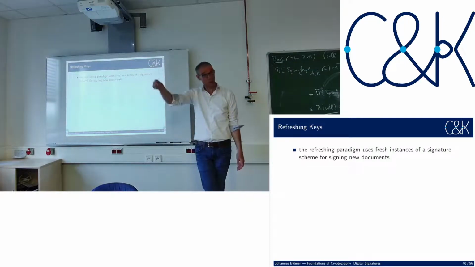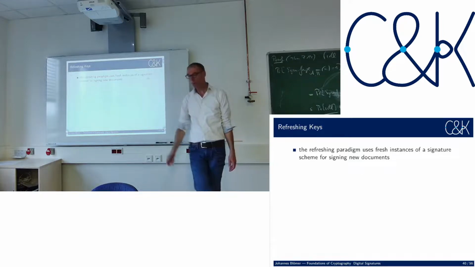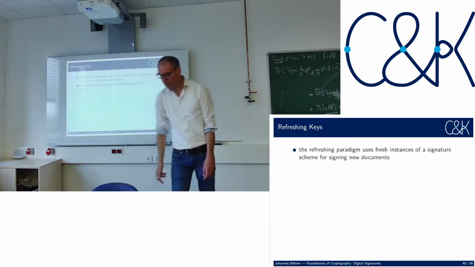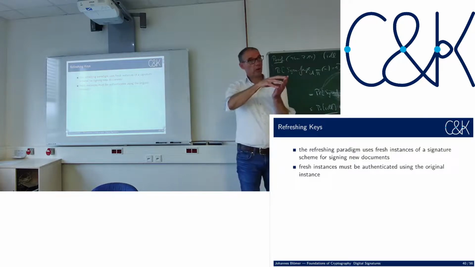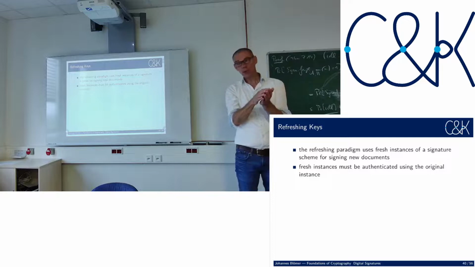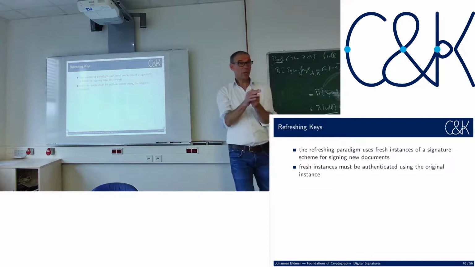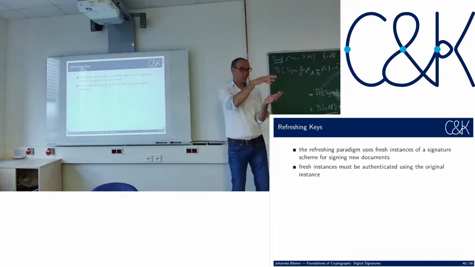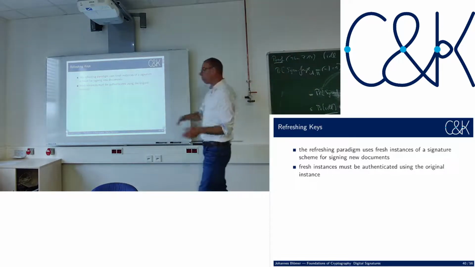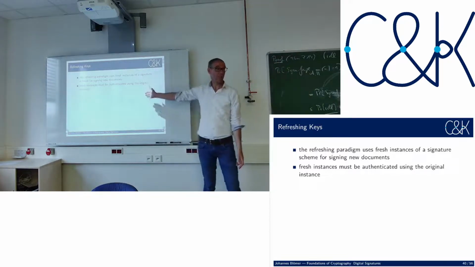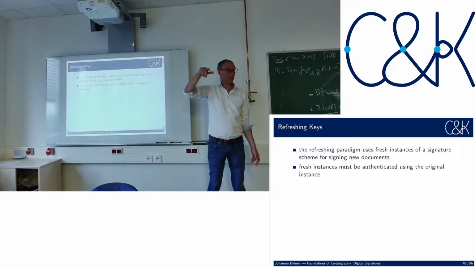We used a new secret key all the time. However, we don't generate them all at once in the beginning. We use them as they are required. But then we need to tie them to the original secret key and public key, and we do that by authenticating them using the original one.